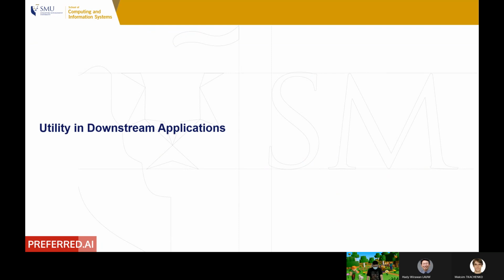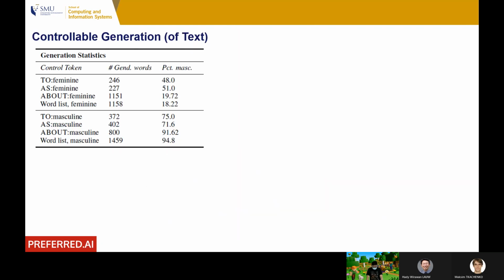So let's talk about utility and downstream applications. They want to do some controllable generation of text. What I understand is that they took 250,000 comments from Reddit that was actually prepared by someone else. It's an open data set. And they labeled it using the multitask classifier.